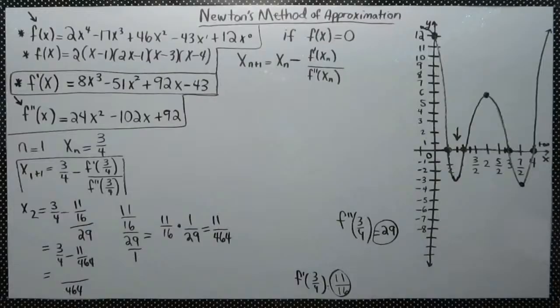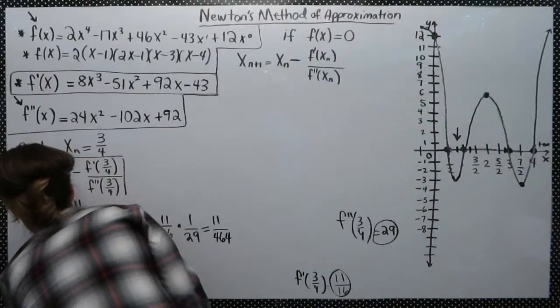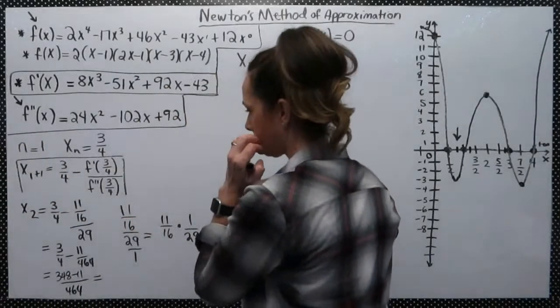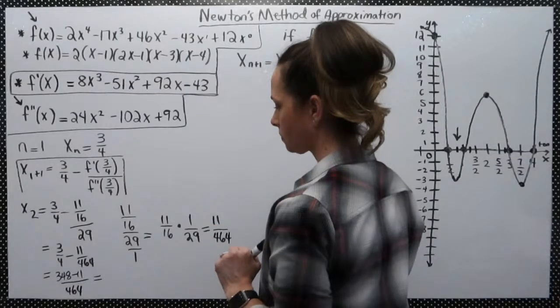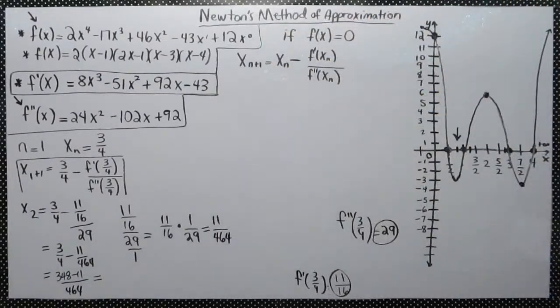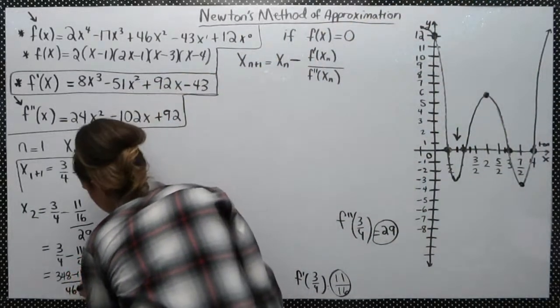So 3 times 116 is going to give me 348 minus 11. So it's 348 minus 11. I'm getting 337 over 464.